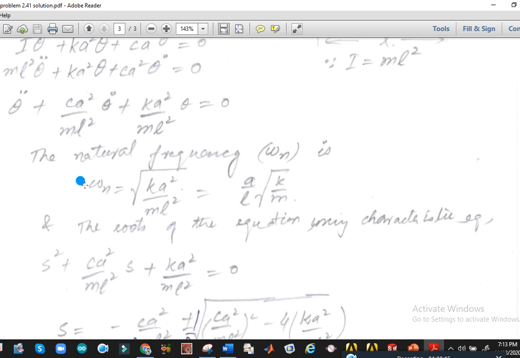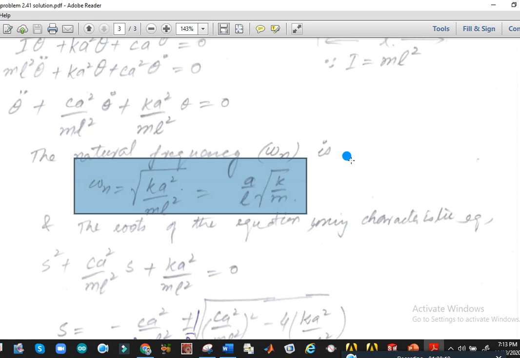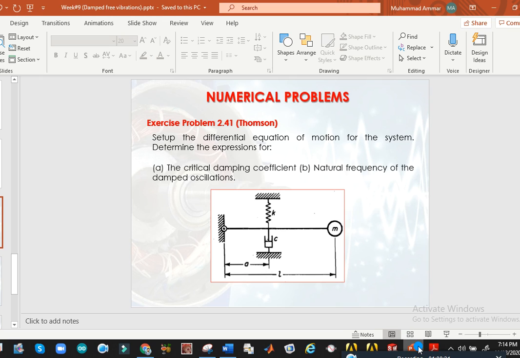Okay, now from this rotational natural frequency you can easily find the damped natural frequency. For example, omega d is equal to omega n times the square root of 1 minus zeta square. But before this, please see the problem again. Here we have been given the critical damping coefficient and the natural frequency of the damped oscillations.